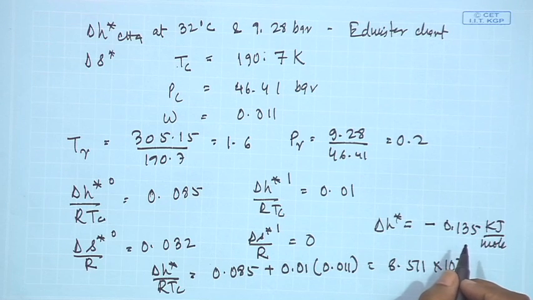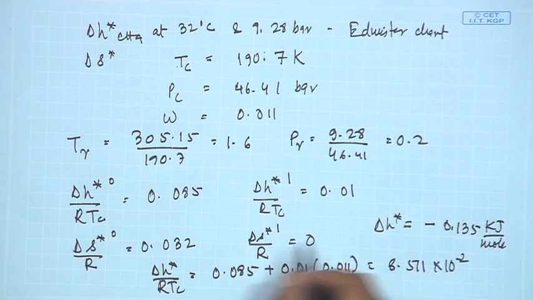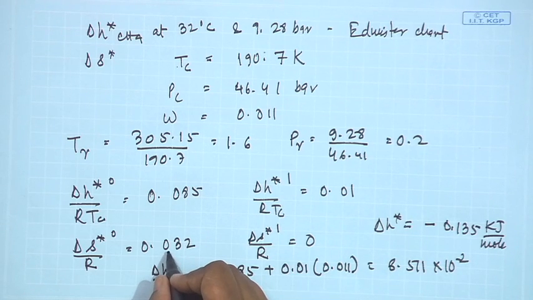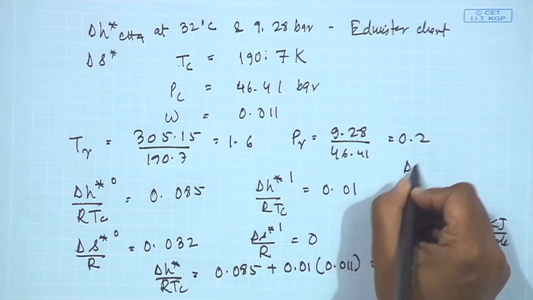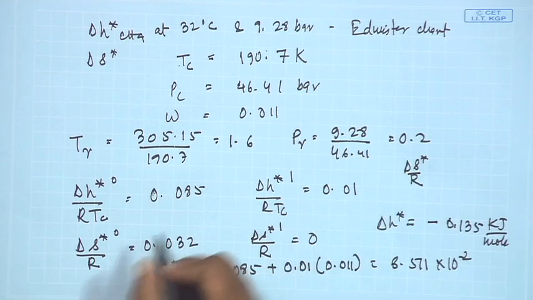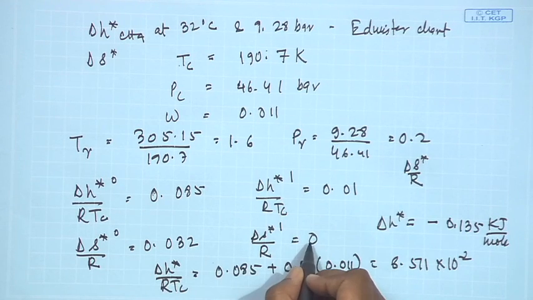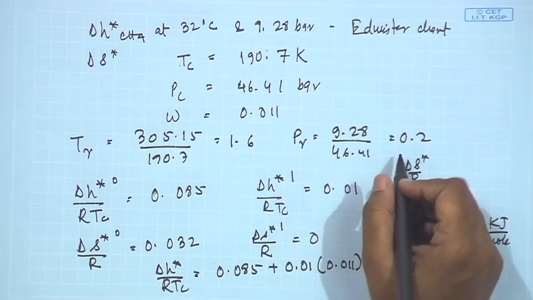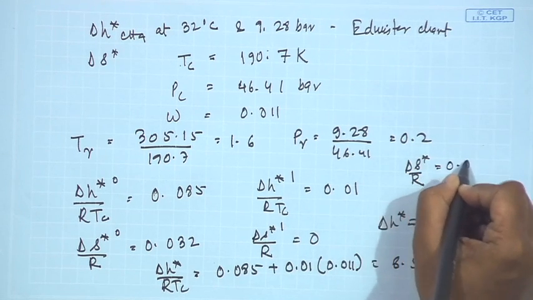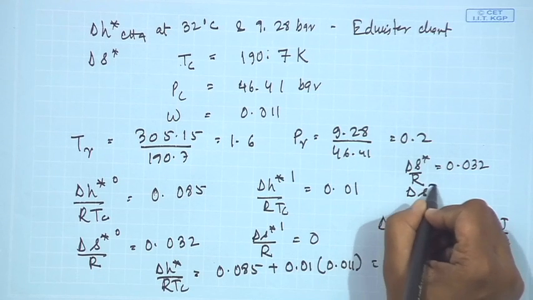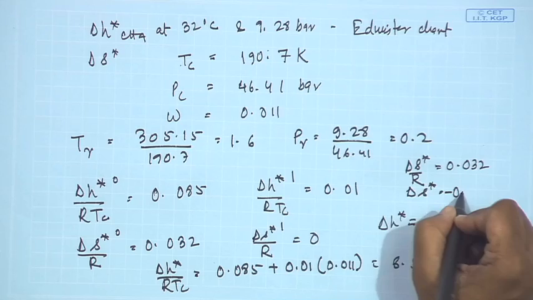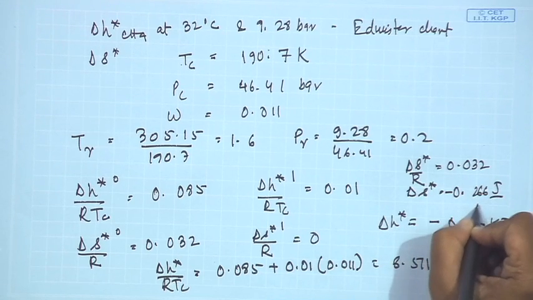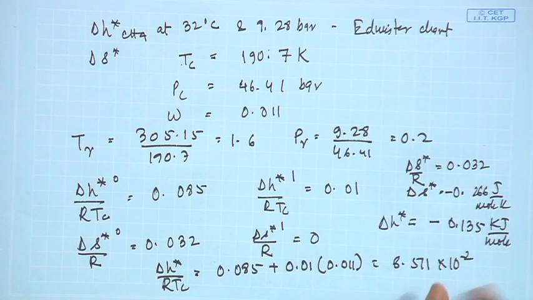In the same way, if you proceed with delta S star by R, we find that delta S star by R is just this value plus omega of 0. So naturally this reduces to 0.032 only, which gives you delta S star as minus 0.266 joules per mole Kelvin, right?